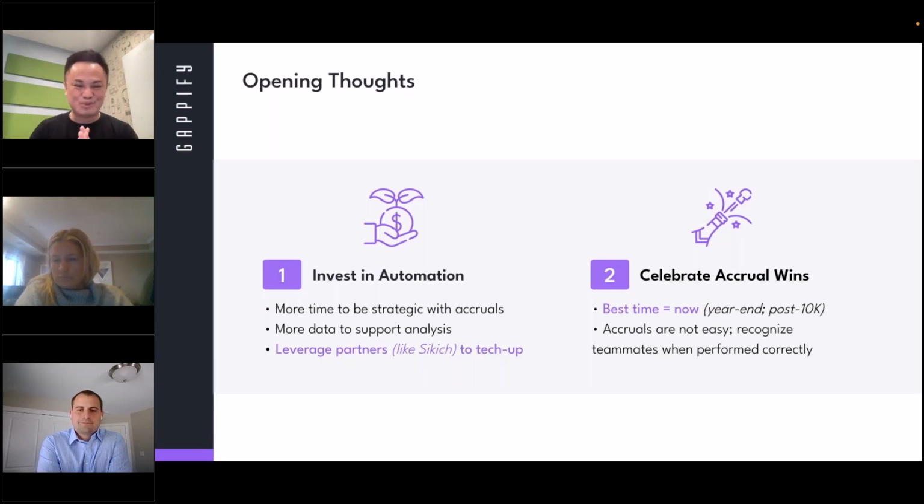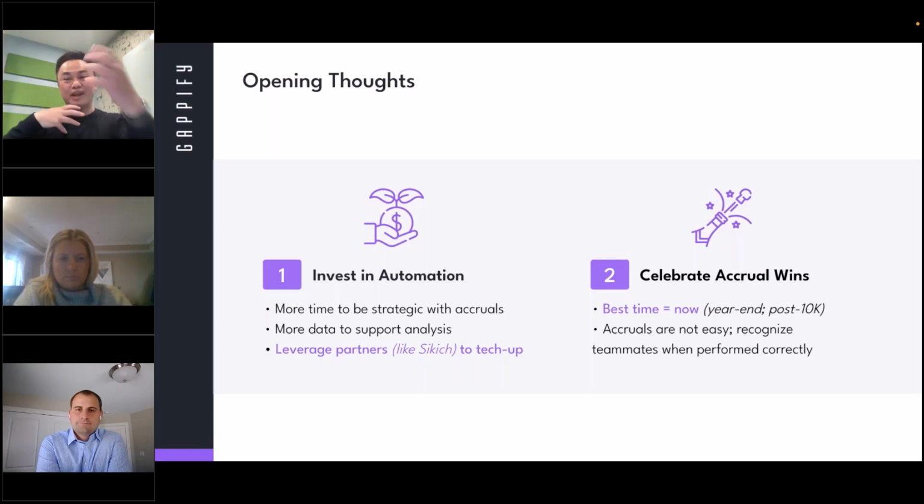So my first bullet here, I think if you're a calendar year end, and if you went through your audits cleanly, no material accrual issues, please take a moment, celebrate those folks in your team, because especially in the biotech and life sciences industry, it is hard to get this right. So take a moment and give them a high five, shoot them a shout out on LinkedIn.